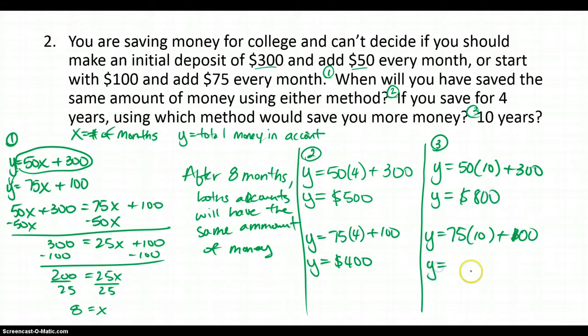On this account, y would equal $850. So what we see is the longer we leave our money in the account, we're going to want to use the second savings account of a rate of $75 with an initial deposit of $100. Looks like if we're going to leave it in there before 8 months, this first account would make us more money.